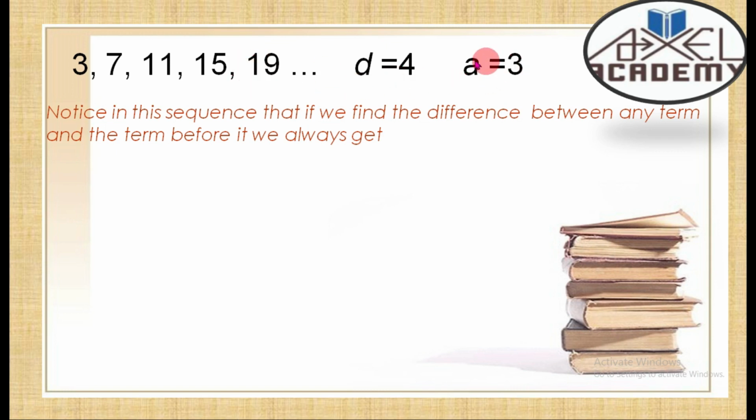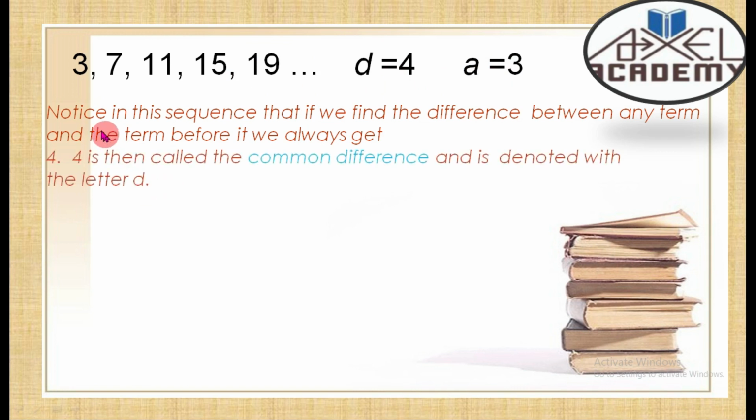The first term here is 3. If we find the difference between any term and the term before it, we always get 4. So here 4 is the common difference, denoted with the letter d.